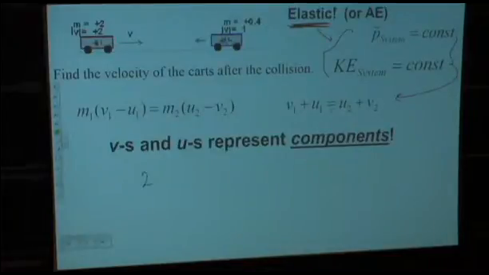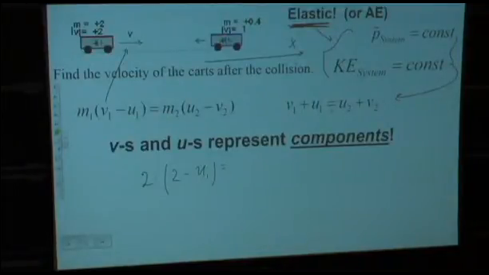The mass number one times this variable supposed to represent the x component. We say x, we draw an axis, and that should be a positive component minus, well, that's what we don't know. What's happening after the collision, that's what we're looking for.